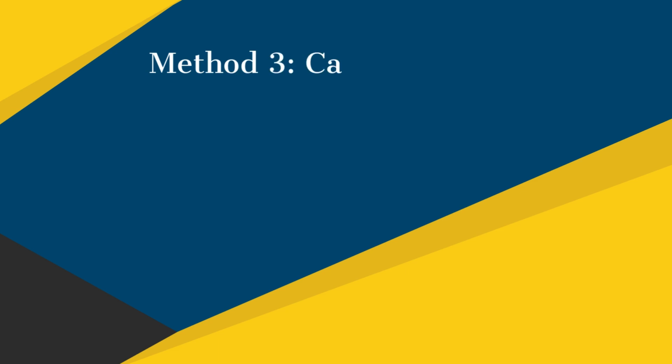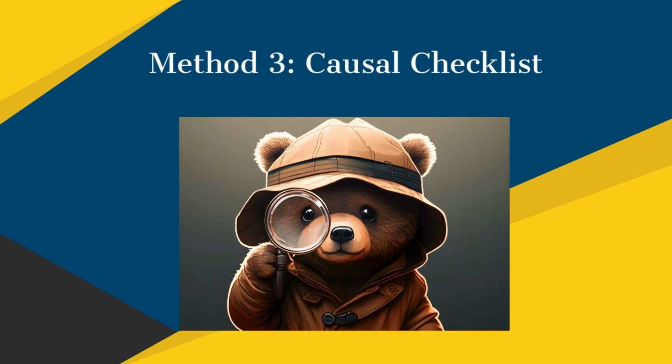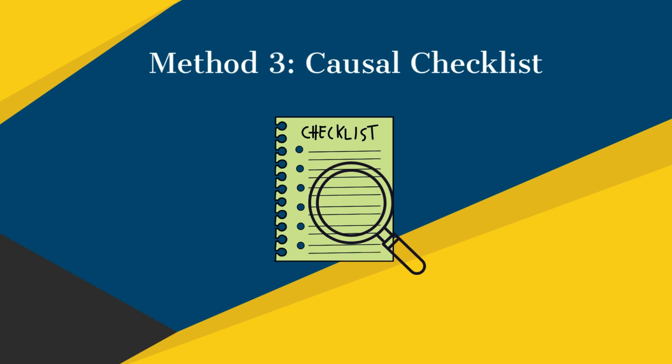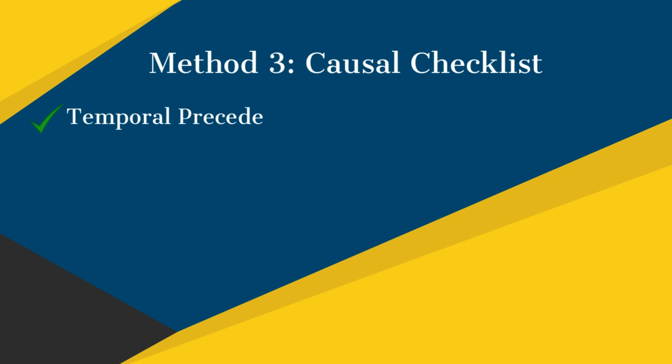Method 3, the causal checklist. Finally, for issues like studying the long term effects of smoking or pollution, we act like detectives and use a causal checklist, a set of logical and scientific tests to build an overwhelming case. When evaluating a correlation for a potential cause, researchers look for multiple lines of evidence. First, temporal precedence: did the cause happen before the effect?